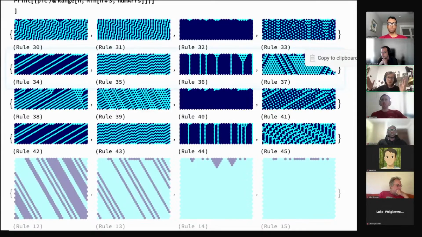In a situation where you have folding of tissue, for example, or folding of material, the relevant neighborhood cells could be in a very different location from the ones most proximate to the cell that you're updating. So that could be a reason to generalize the sense of a neighborhood.